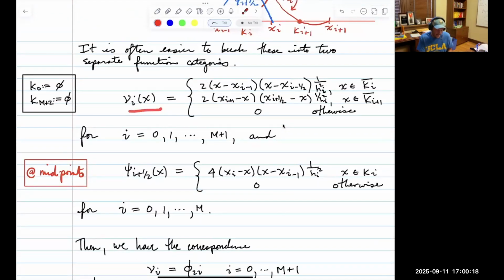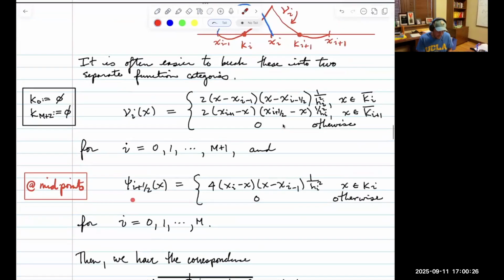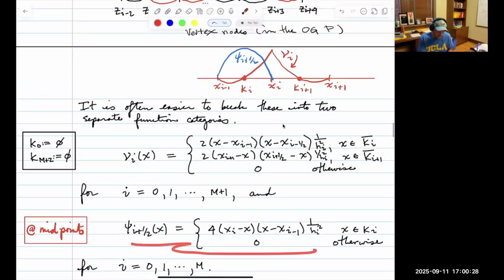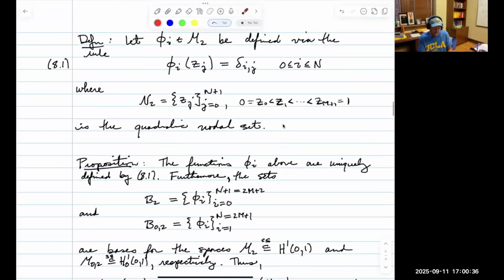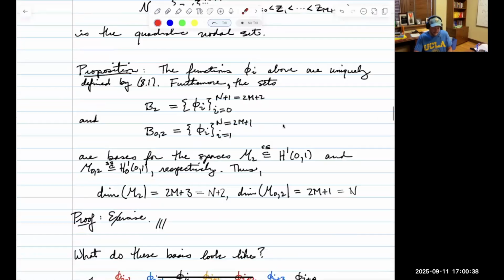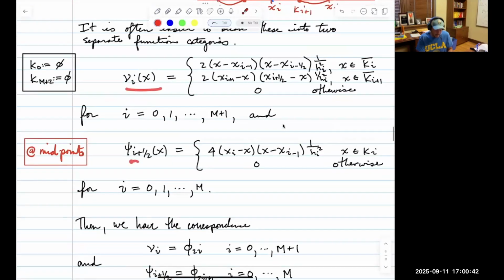One are these functions which turn on at the original partition points, or what I call vertex points, and then these bubble functions which turn on at the midpoint. So this whole family contains both of those. It's kind of like the union of the two sets, these vertex functions and these bubble functions.